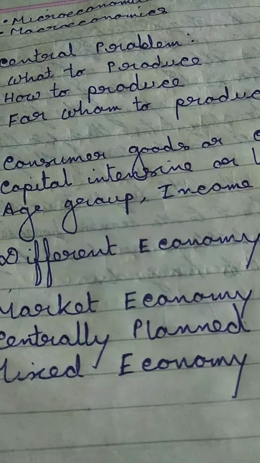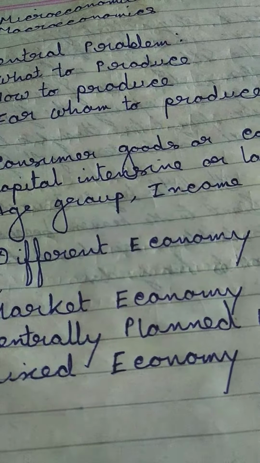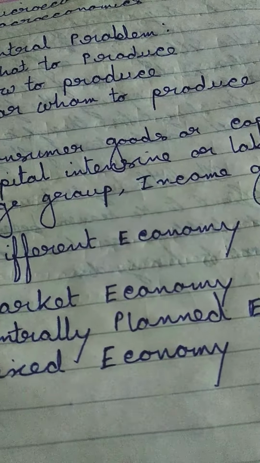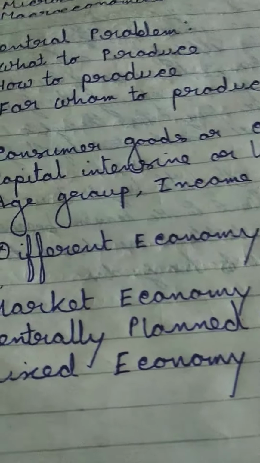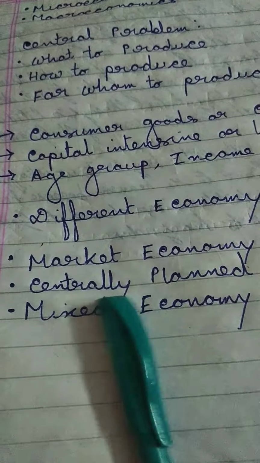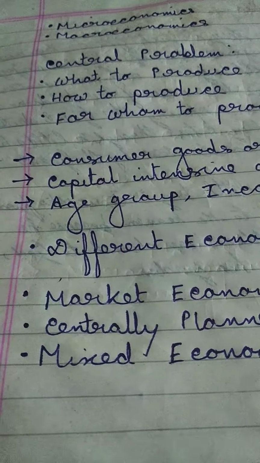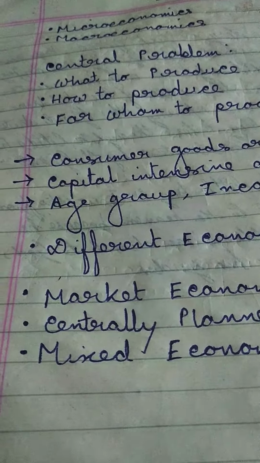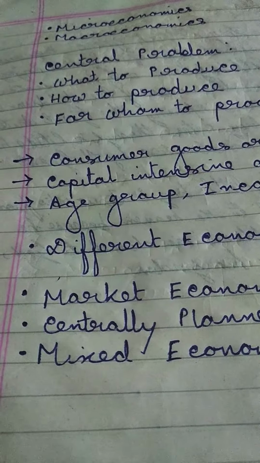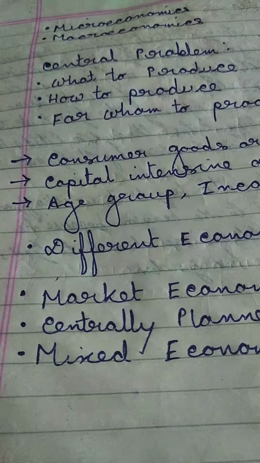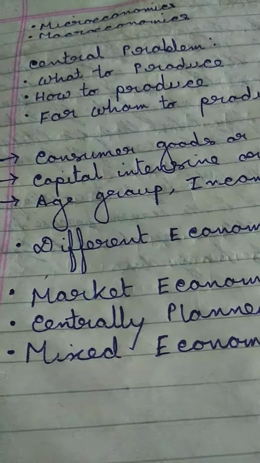Okay, so that is basically market economy. An example where we can see the market economy is the USA, UK, all those. Now come to the second one, that is centrally planned economy. Now what is this centrally planned economy? Where the goods and services produced are those which the central authority finds most useful for society.